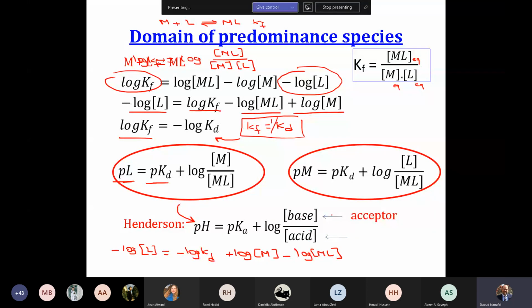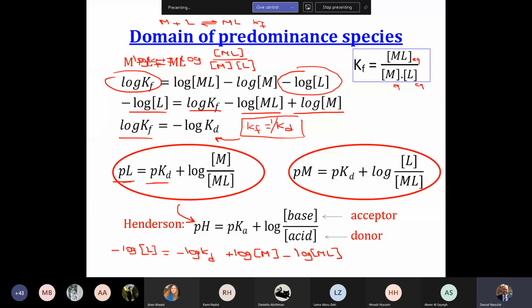So plus log base, which is the acceptor, divided by the acid, which is the donor. So the P of the particle exchanged is equal to P of the characteristic of the acid-base couple plus log acceptor divided by donor.